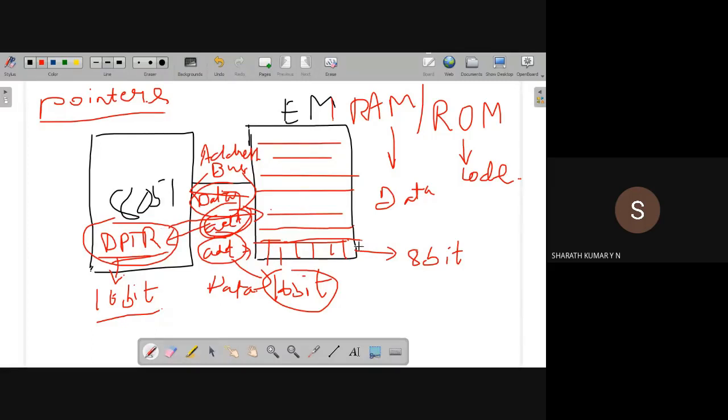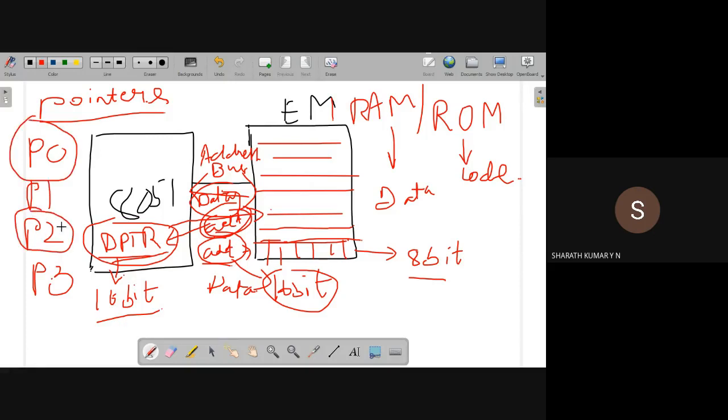Now we have discussed 4 ports: port 0, port 1, port 2 and port 3. Out of these 4 ports, port 0 and port 2 are used to carry the address and data lines to the external memory.